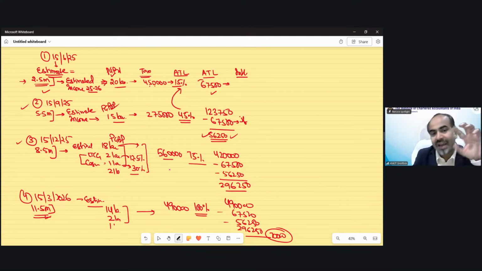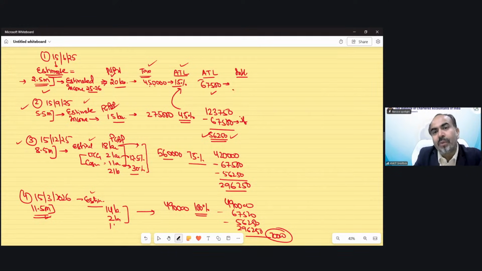So in advance tax, the good thing is the estimated income would be given in the question. Your work is just to calculate the correct tax. You should remember the percentage of advance tax we need to pay. If you deposit all the advance tax liability on the specific date, there would not be any interest. Suppose you deposit less. Requirement of deposit was 60,000.